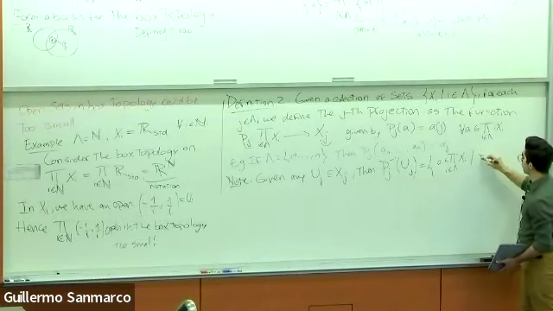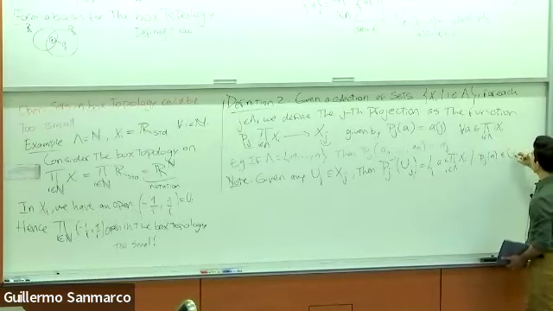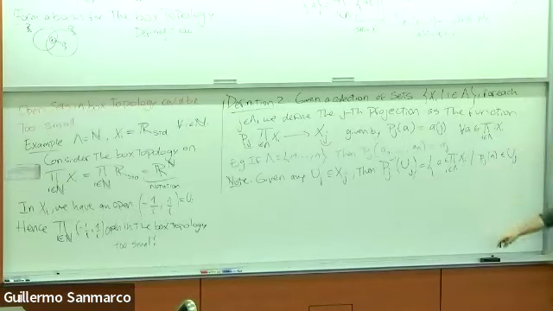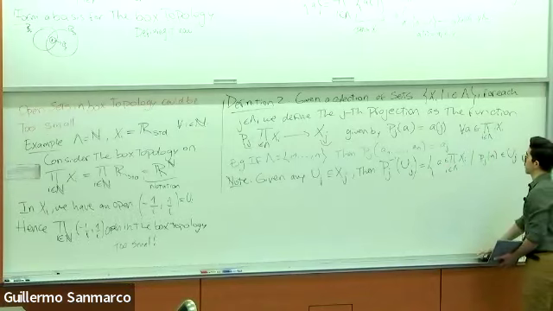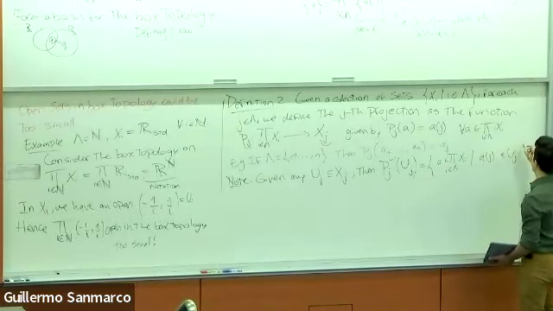So here I should say p_j of a is an element in U_j, but this is exactly a of j. So we can just write that. There you go.